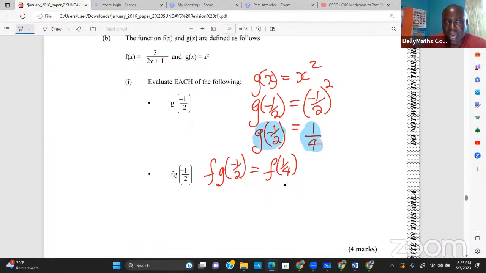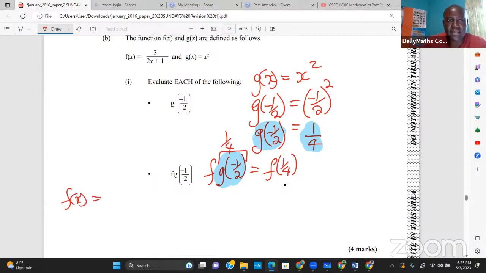Because g of negative a half is equal to a quarter, then basically at the end, I'm going to find f of a quarter.